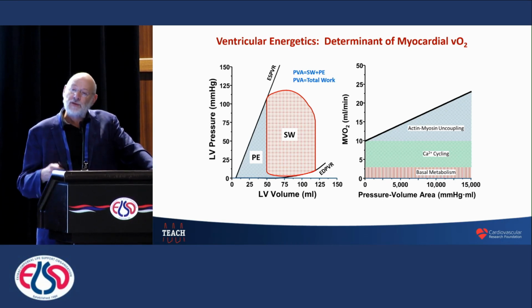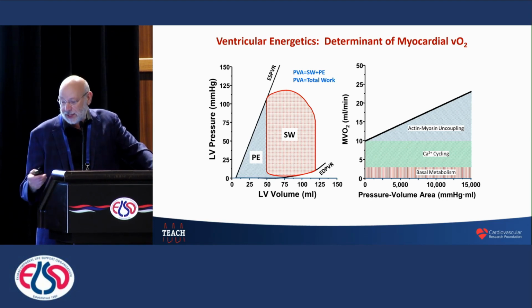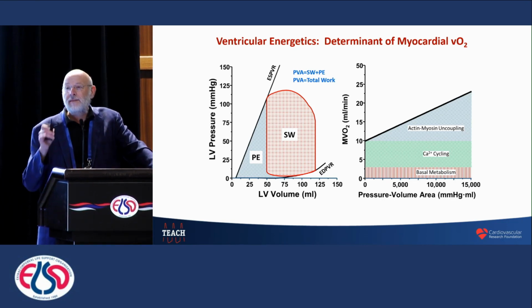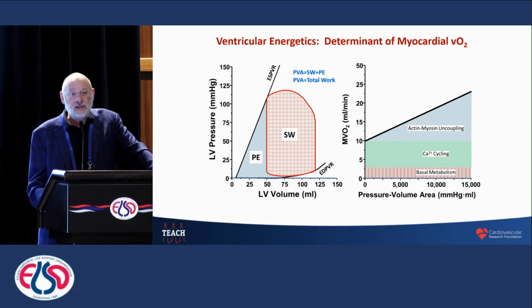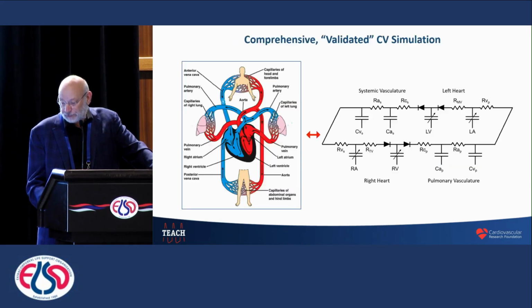We can even go further and divide the total oxygen consumption into those things related to contractility, which relate to calcium cycling, and also to the actual work, which is related to cross-bridge cycling. So this is relevant for understanding hemodynamics of mechanical support in shock, but also, maybe even more importantly, the impact of drugs on the mechanoenergetics of patients who are in cardiogenic shock.